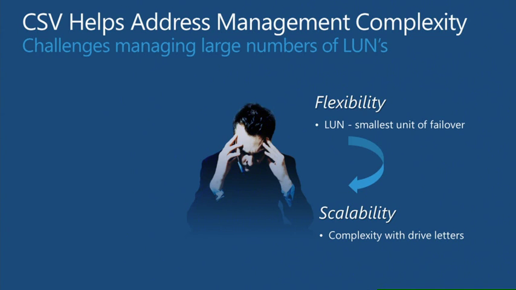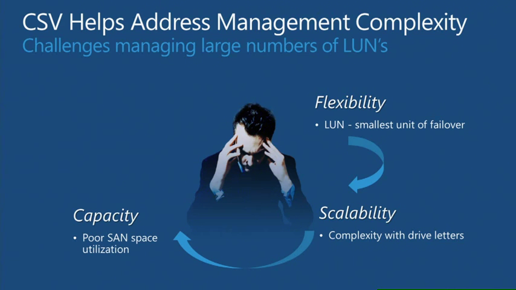Before, for all practical purposes, you were stuck with 24 drive letters. And once you used all of them up, you had to resort to stuff like volume GUIDs. With CSV, we are exposing a consistent namespace where you do not have drive letter limitations anymore.